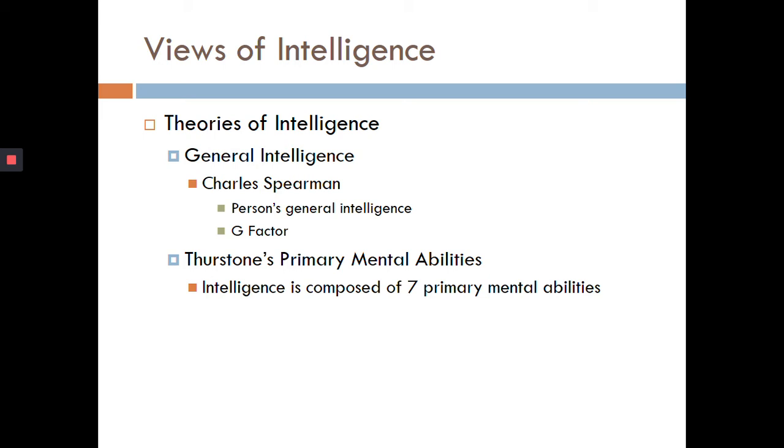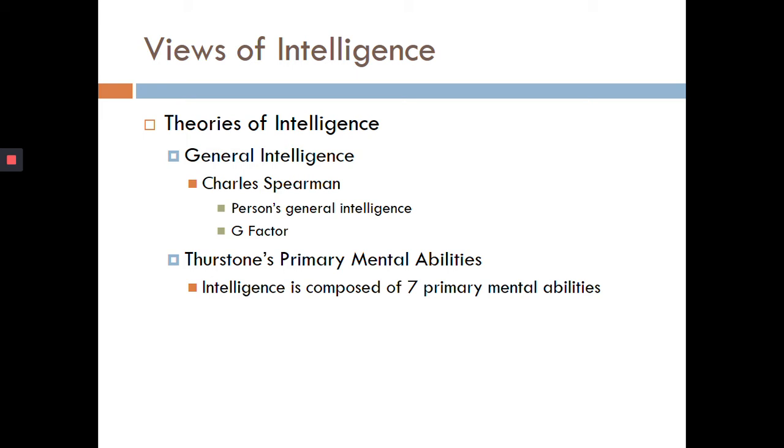When we get into different types of intelligence, there's lots of different theories. So let's start off with general intelligence. Okay, this is Spearman. So it's also called Spearman's general intelligence.